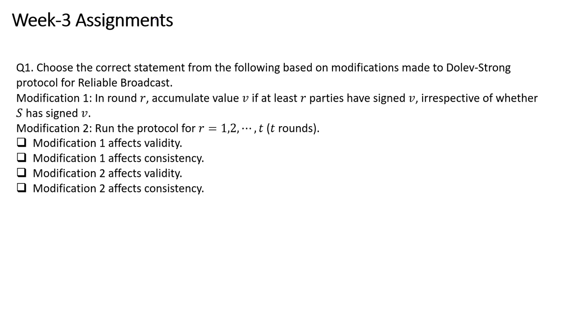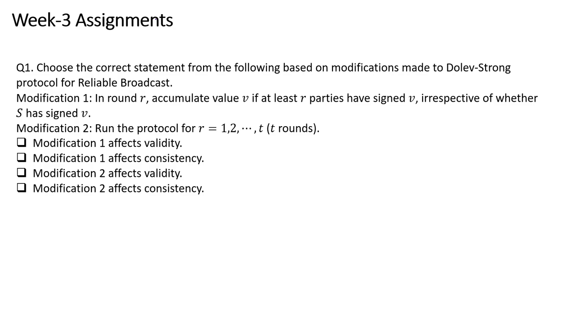Modification 1: in round R, accumulate value V if at least R parties have signed V, irrespective of whether S has signed V. As we already mentioned while discussing the Dolev-Strong protocol, in each round R, the party checks if some message M has been received from R distinct parties with their signatures, including the sender S's signature.